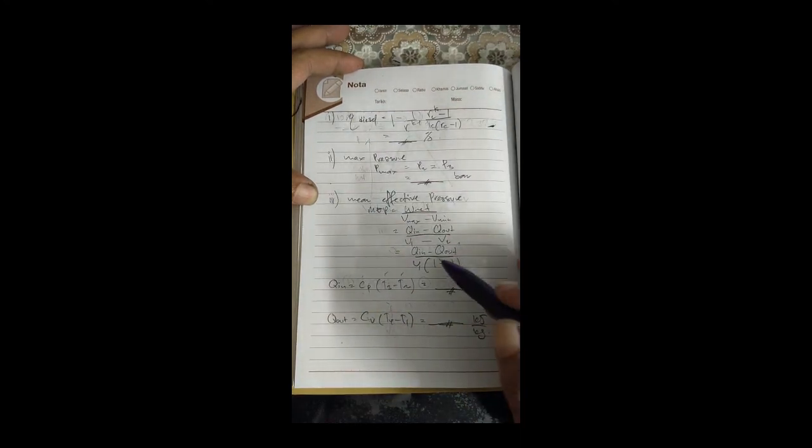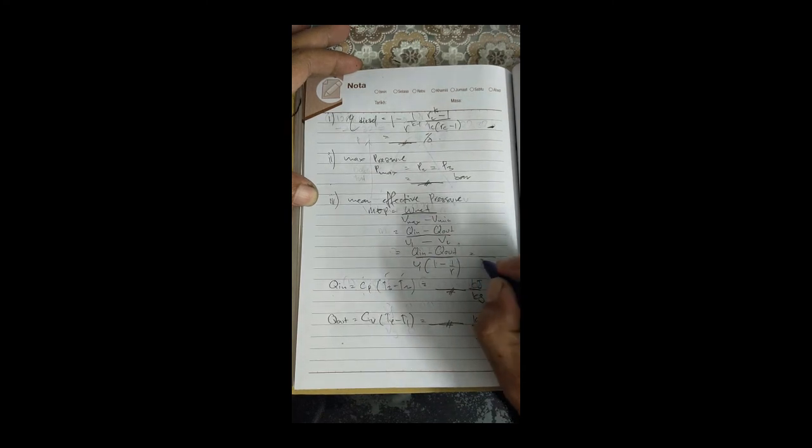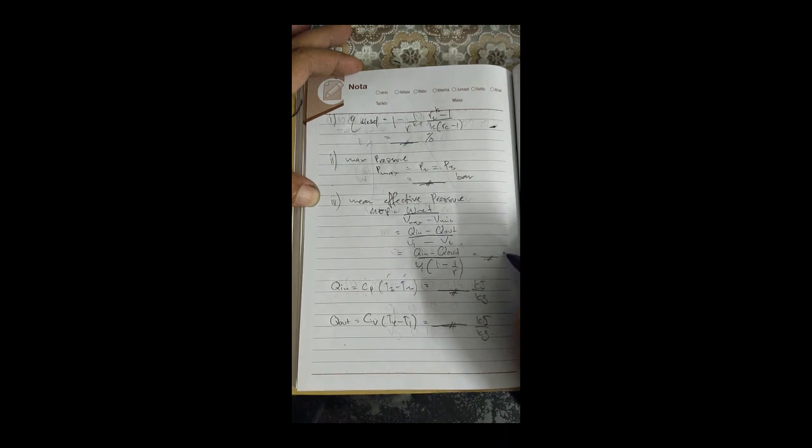So substitute your Q in and Q out and you can get the MEP. If you use bar, you get bar; if you not, you use kPa. If you have converted, it's kPa; if not, it's bar. Alright, thank you.